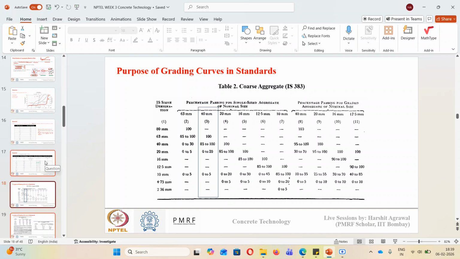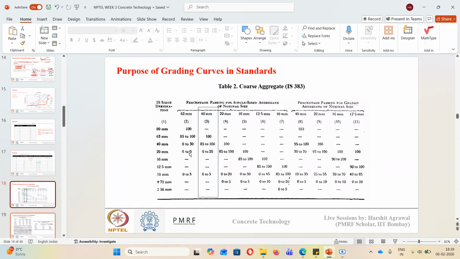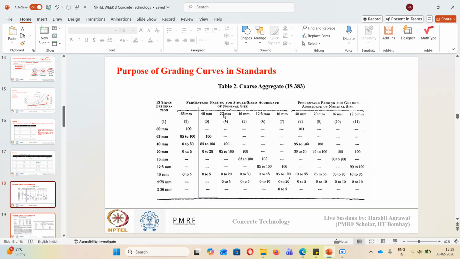So we get our value and we compare here. In the example we took, it was 100% for 40, 85% for 25, 50 for 30, like that. At the 40 sieve it was 100% for us, so it is in these two categories. Then at the 20 sieve it was 85%, so it is coming here. So 20 nominal aggregate size is our category of aggregate.